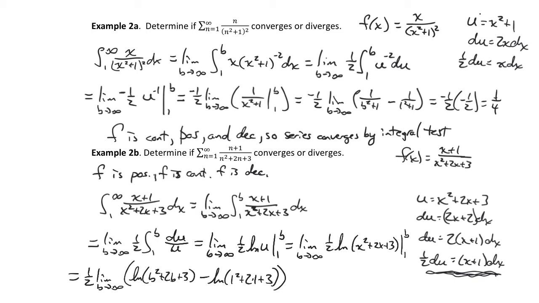The only place where I see a b is in the first part, and remember that b is going to infinity. As b goes to infinity, b squared plus 2b plus 3 also goes to infinity. As we take the natural log of a larger and larger number, as we did with the harmonic series example, the whole thing is going to go off to infinity. And so the series diverges. Since this improper integral diverged, the series diverges by the integral test.